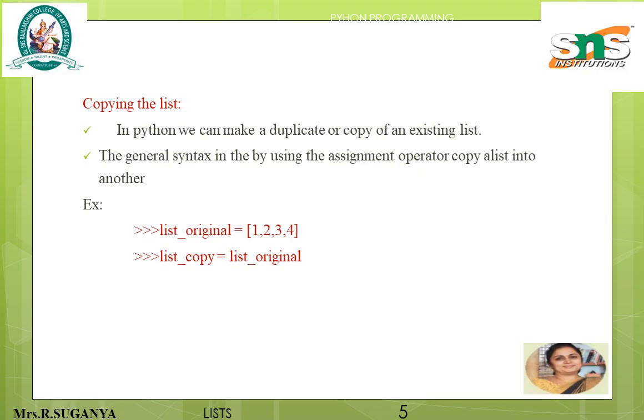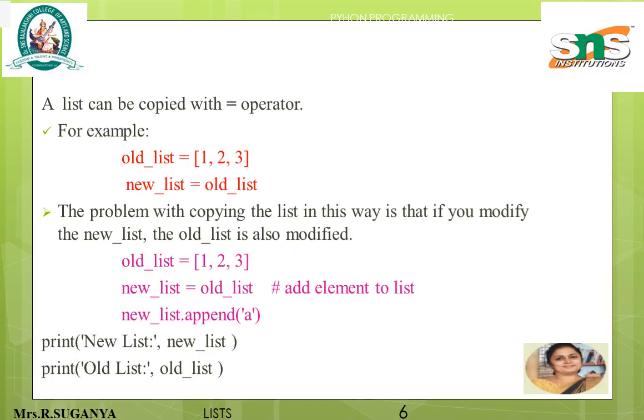Copying the list. In Python, we can make a duplicate or copy of an existing list. The general syntax uses the assignment operator. Here we have the integers, and the original list has been copied to another variable. The problem with copying the list this way is that if we modify the new list, the old list is also modified.